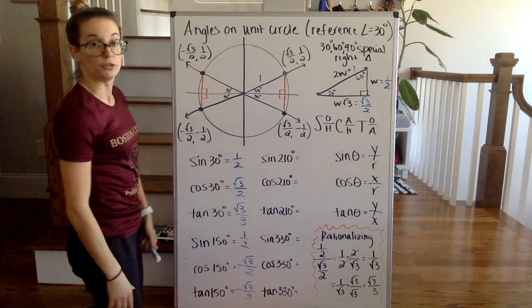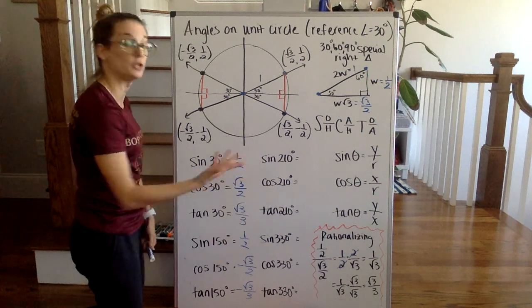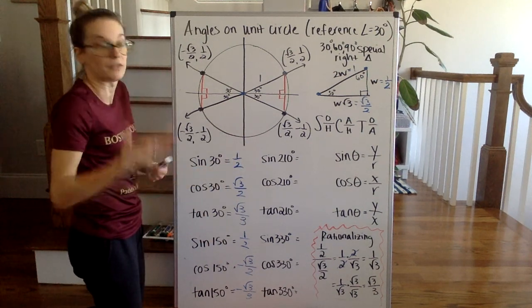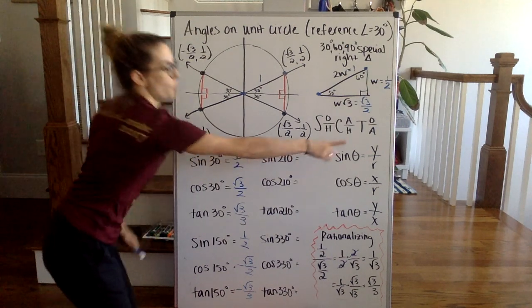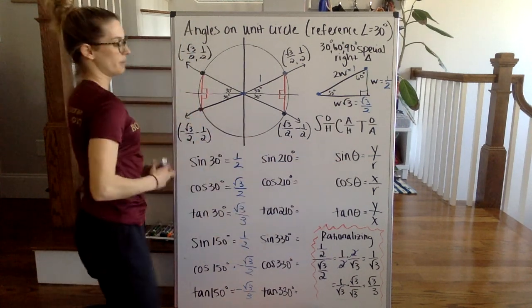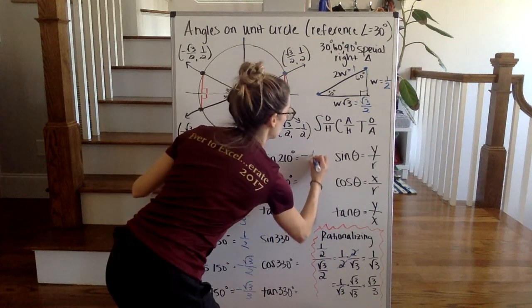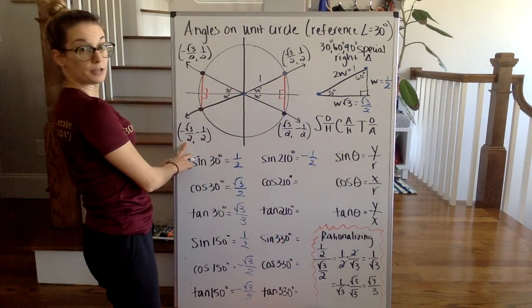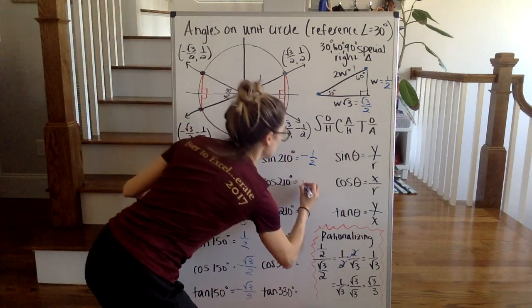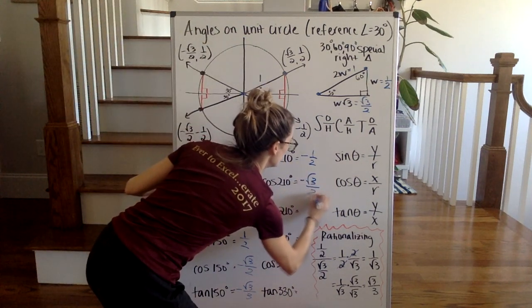Let's move into quadrant 3, 210 degrees, all right? Same exact reference angle of 30, so I'm going to see the same values repeating. I just have to be aware of where the negative signs go. So sine of 210, look at your coordinates here. Y coordinate over radius, negative 1/2 over 1. That's just negative 1/2. Cosine of 210, negative root 3 over 2 divided by the radius. That's negative root 3 over 2.